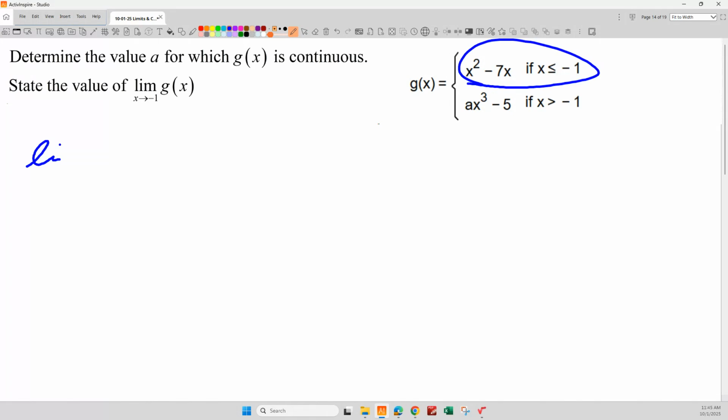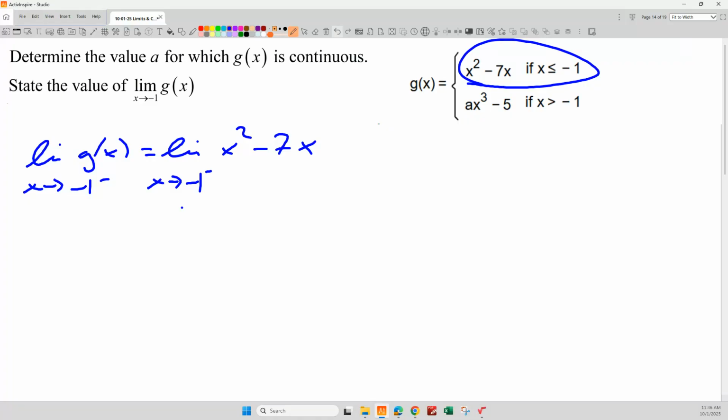The limit of g of x as x approaches -1 from the left, from values less than -1, is the limit of that top expression, x squared minus 7x, as x approaches -1 from the left.